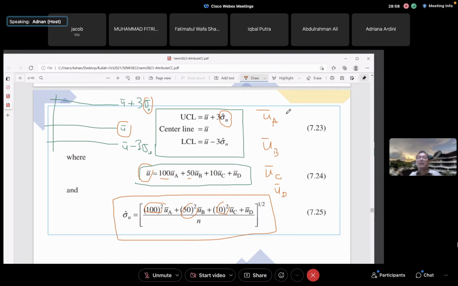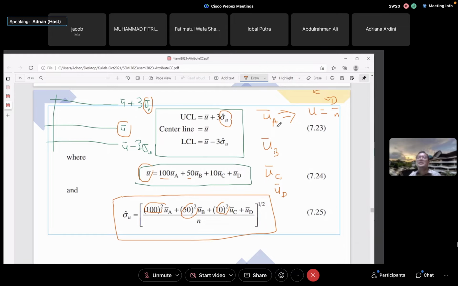After we get all the averages, remember where U comes from. In the earlier notes it was D over N, which is defects divided by N for each category. So D here is actually C, the count of non-conformity.